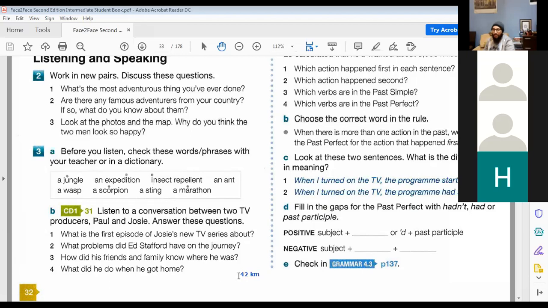Yeah, 42 multiplied by 4. So this means 40, 40, 40, 40, this is 160, 168. 168 kilometers in one day, in a period of 27 hours. So this man is crazy. I agree with you, Raj. I think he's crazy.